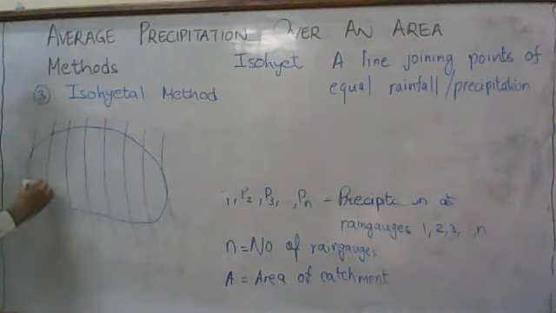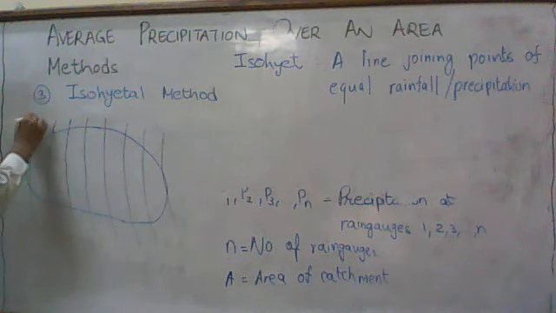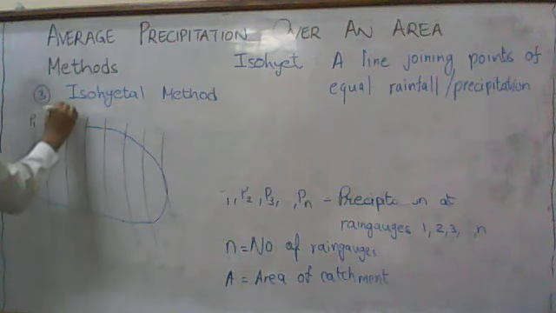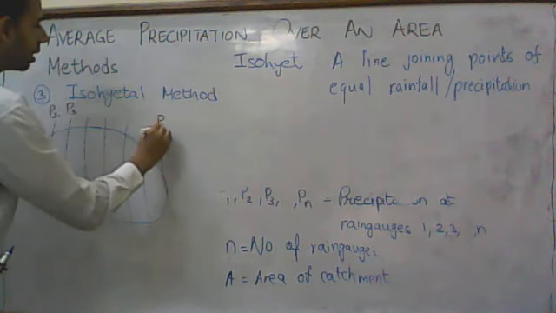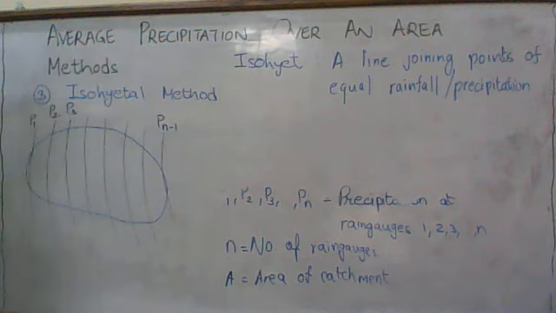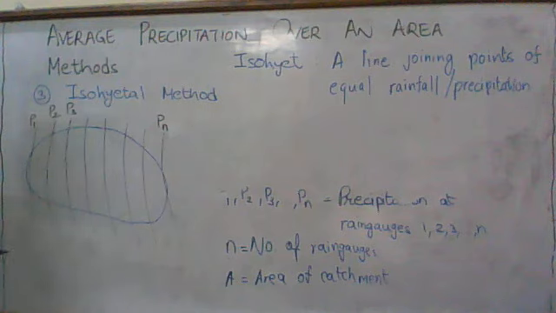Okay, wherever you go throughout this line, the value of rainfall is similar. Okay, so suppose here the value is P1, here the value is P2, here the value is P3. Moving on, you will get till Pn. Suppose the last value is Pn.